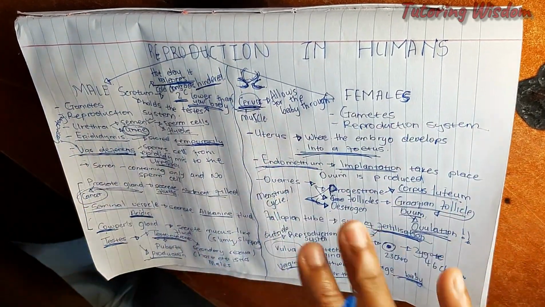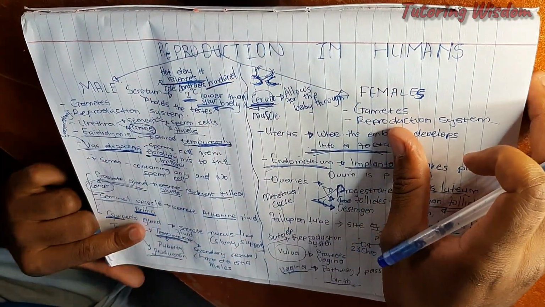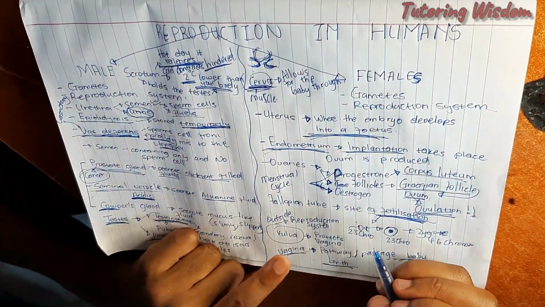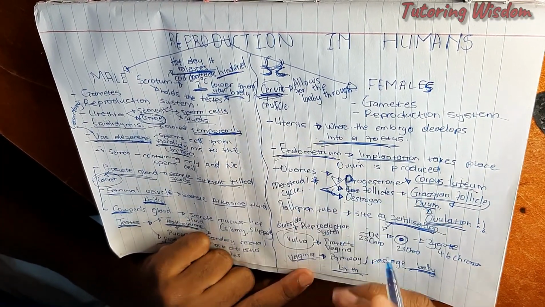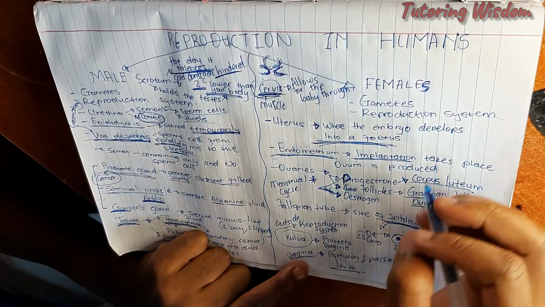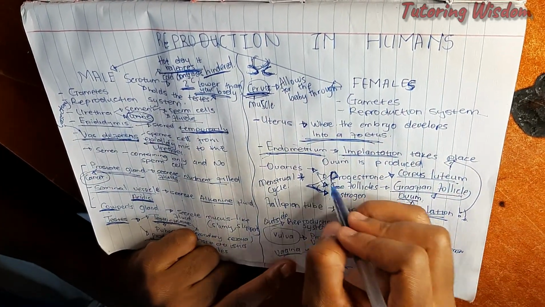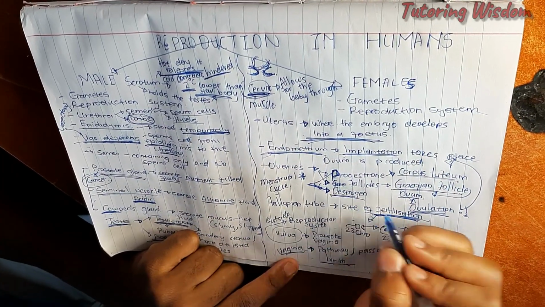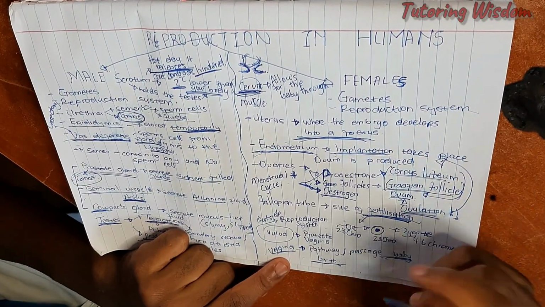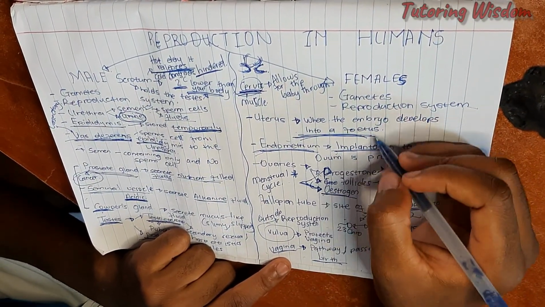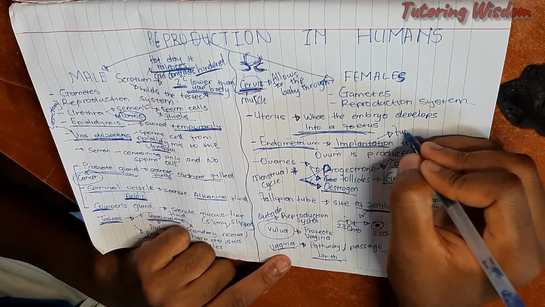These are your key points when dealing with the human reproduction systems. All you have to know and pinpoint is these important facts about your menstrual cycle. Always focus on these two hormones, your progesterone and estrogen, and also know the function of your Graafian follicle and corpus luteum, and the function of your endometrium.